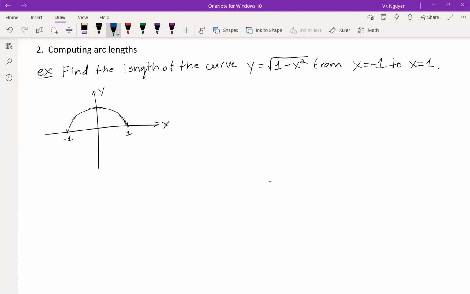Okay, so from here, take a sample arc. And the sample arc is ds, and that would be the square root. This function is written in terms of x, so this will be the square root of f prime x squared plus 1 dx.